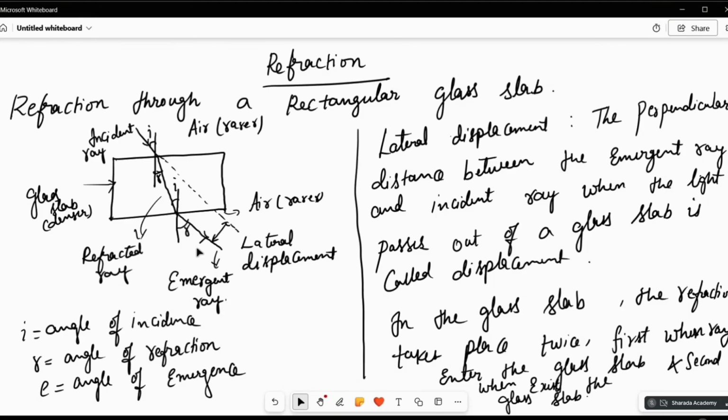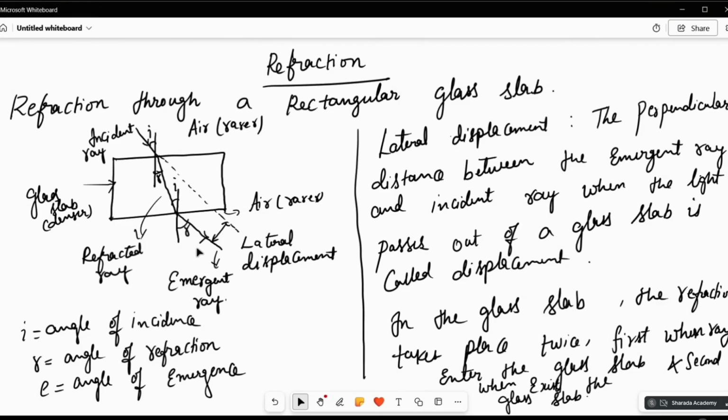So two times there is bending of light. First time it is from air to glass, second time from glass to air. Both the times there will be refraction within the two media itself, correct?